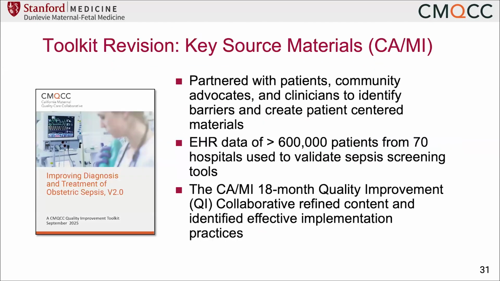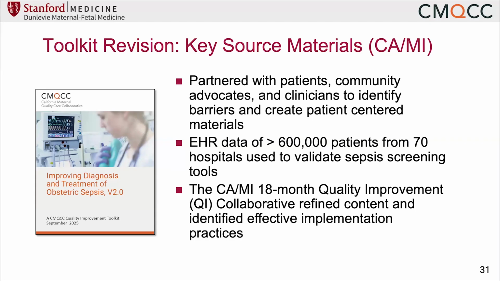Next slide. So when we revised the toolkit, the original toolkit came out in 2020. This revision came out in 2025. And as I mentioned, this was a little bit different in that we really partnered with patients and community advocates. And you'll see that if you've used our toolkits in the past, how different this one is and more robust on the patient side.